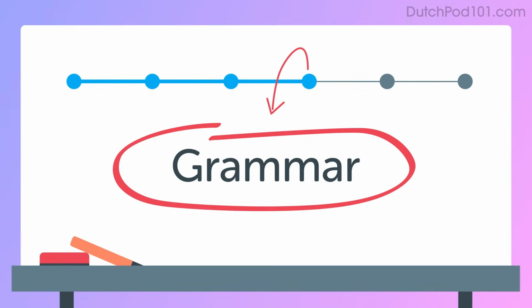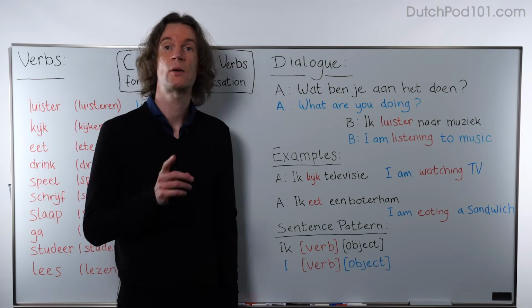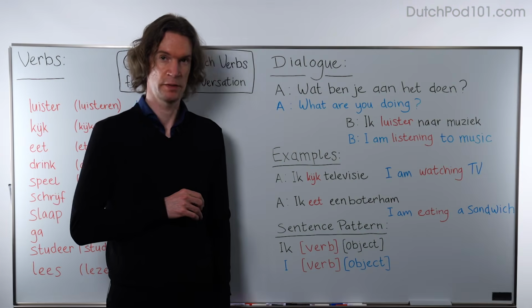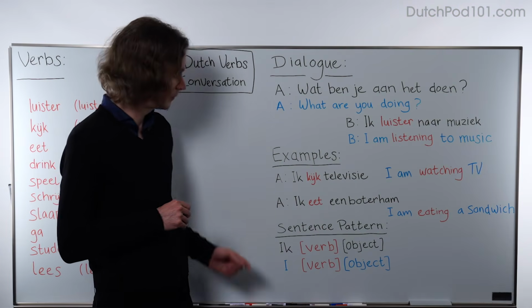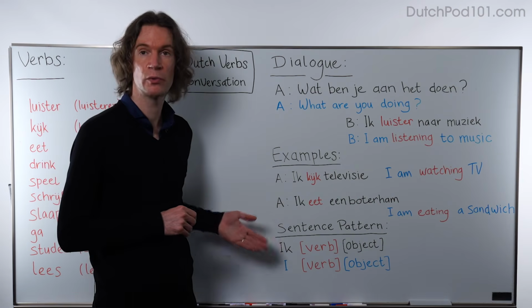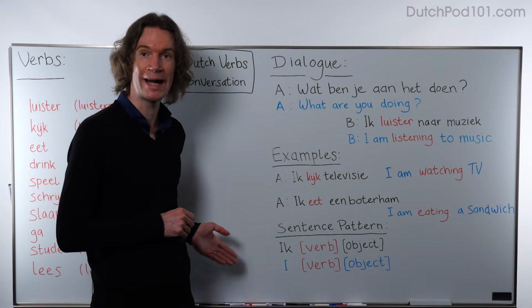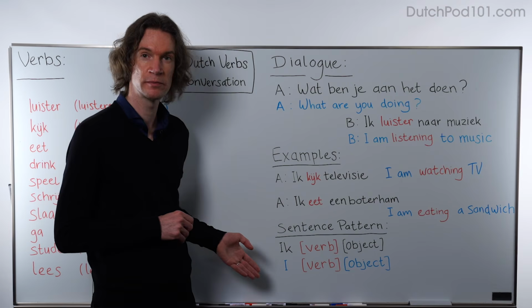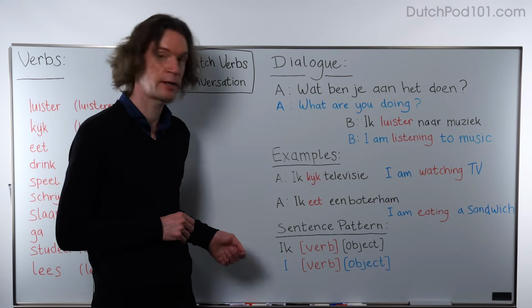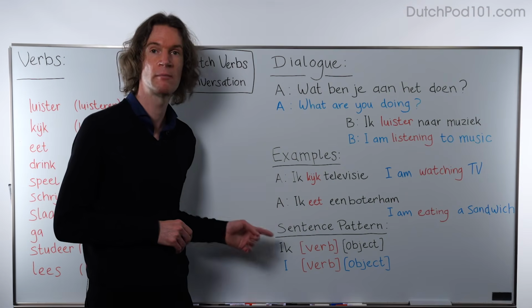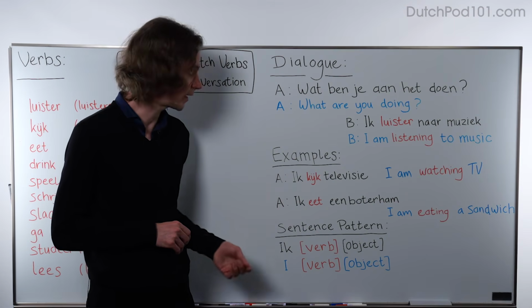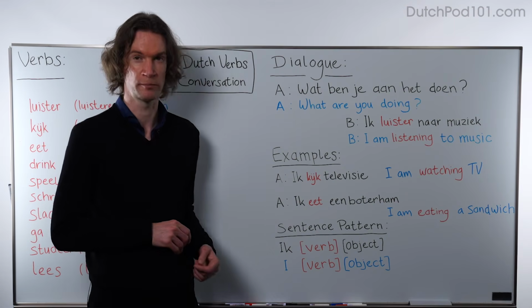Now let's look at the sentence pattern. This pattern will be the structure that all of our dialogues will follow. Ik, verb, object. I, verb, object. Each time we are using the first person singular. In Dutch, ik, I, followed by the corresponding verb form.